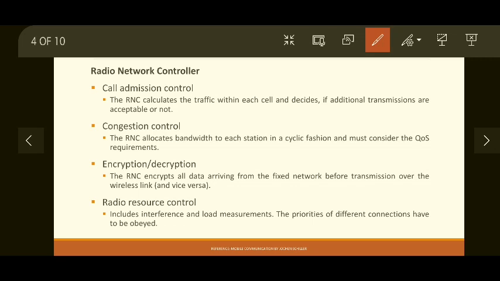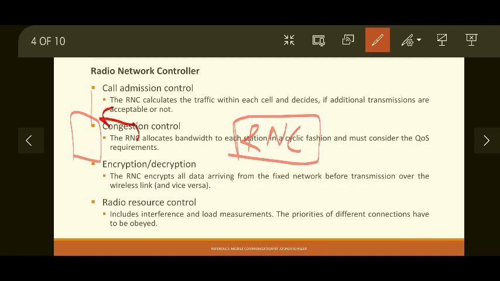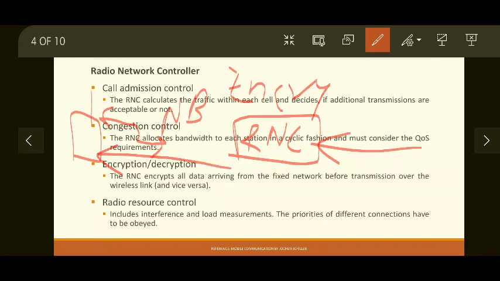Let's say this is the mobile user, here is the RNC, and in between them there will be Node B. This is a wireless connection to Node B. Whatever data comes from the external network will be encrypted first and then transferred to the user.